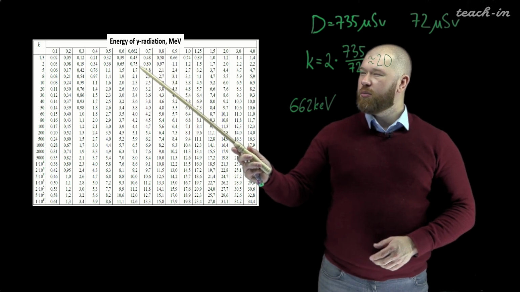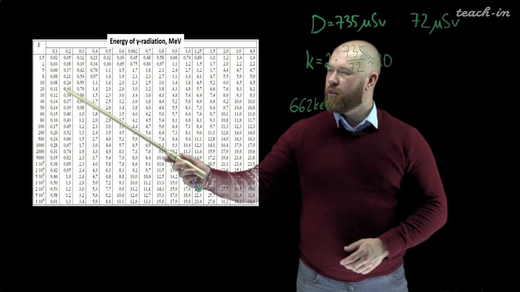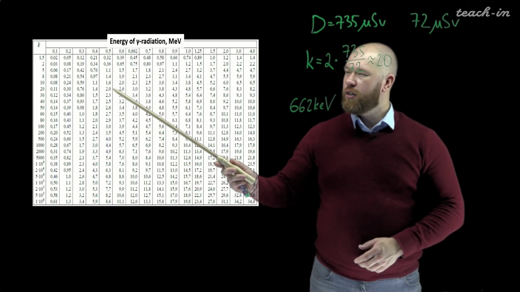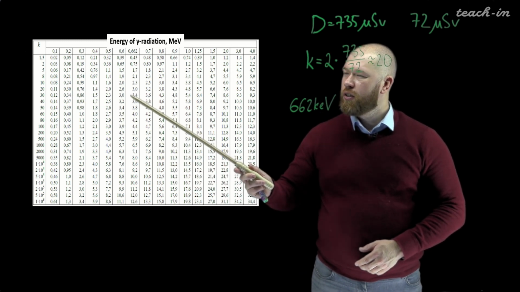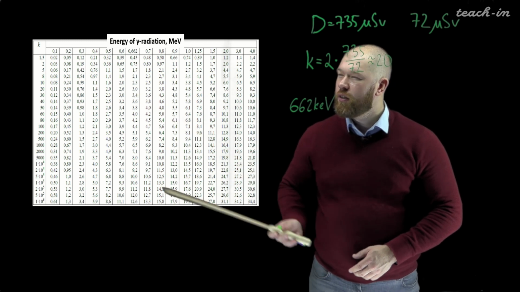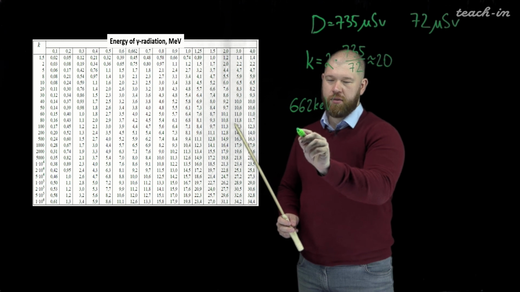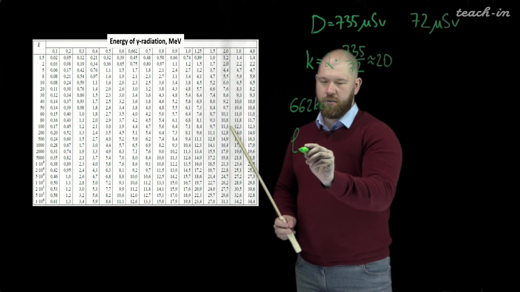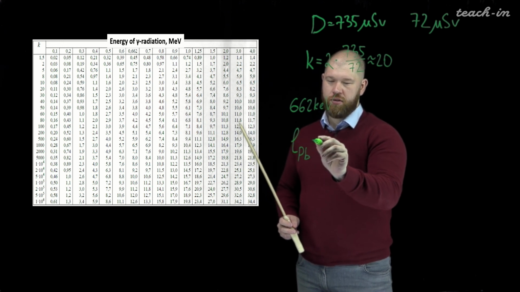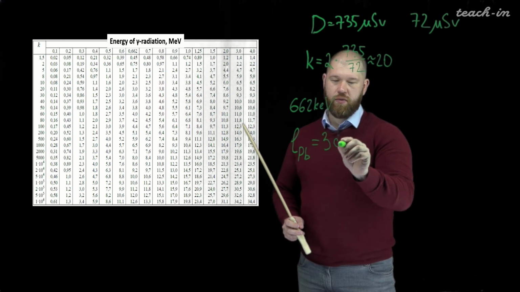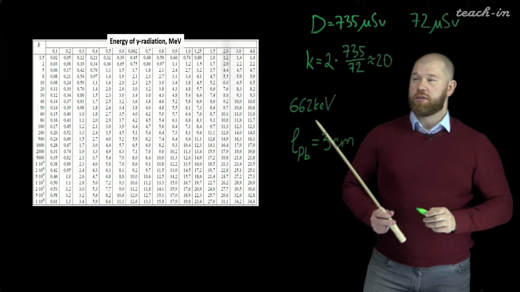So we simply find the cross section of 20 and this energy, and we find that it is 3 centimeters. So it is our answer that the thickness of the lead shield is equal to 3 centimeters.